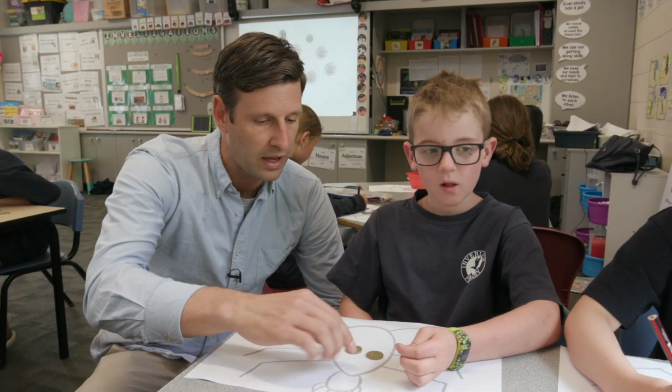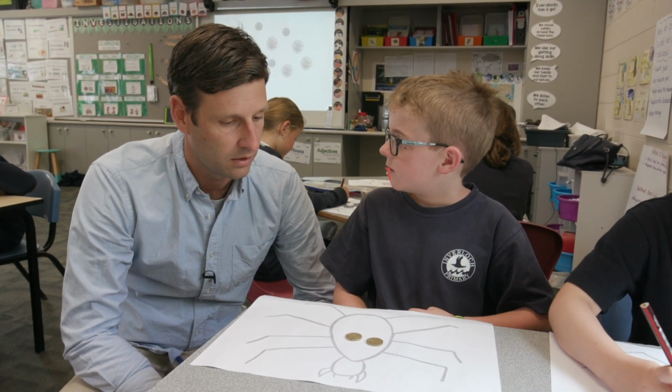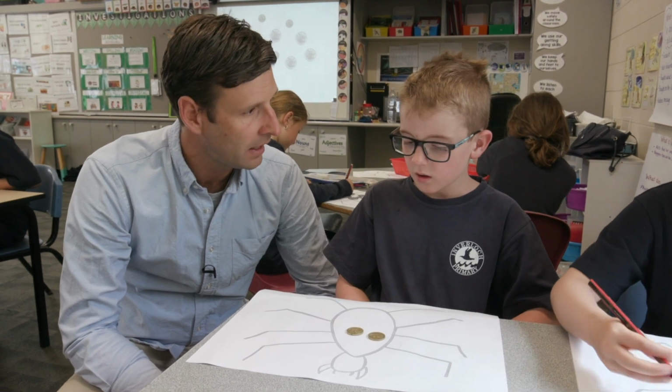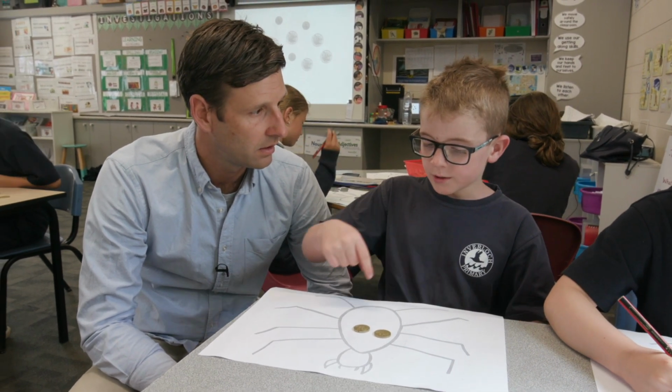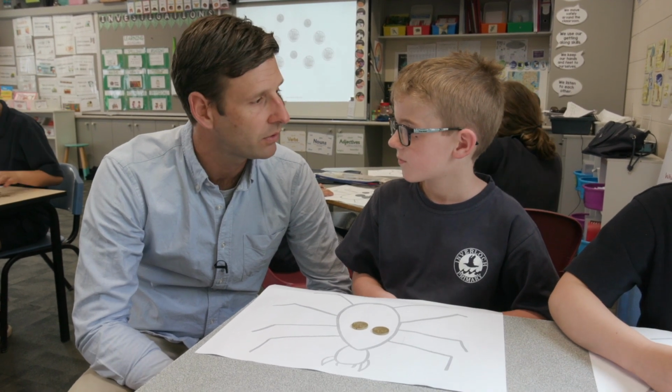Okay. As well, we've got students who are then moving through being able to calculate coins of multiple values together. So how much do you have in the middle of your spider? $4. Can you tell me how you worked that out? Because 2 plus 2 is 4. Okay. Do you know another way to make $4?